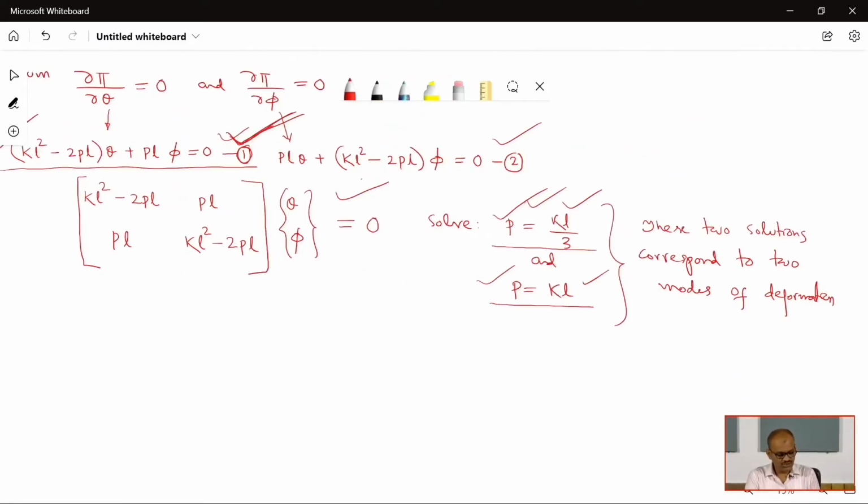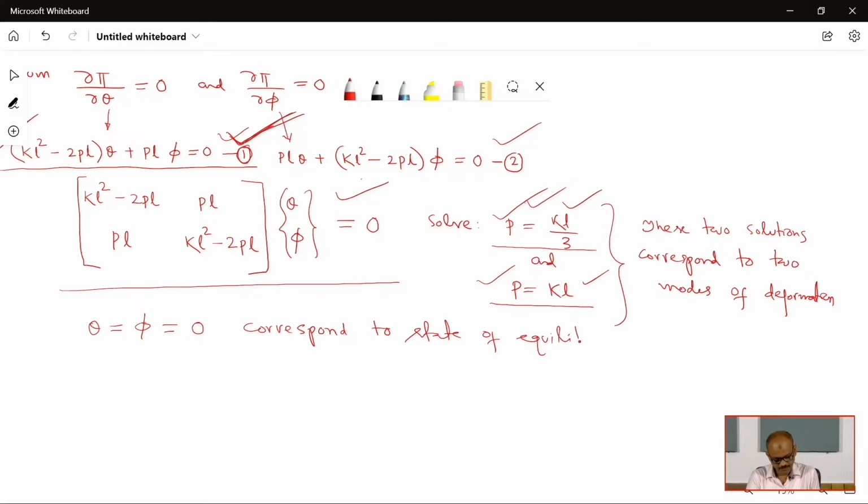So these two solutions correspond to two modes of deformation. If you see this equation here, theta is equal to phi is equal to 0 corresponds to the state of equilibrium for any load P.